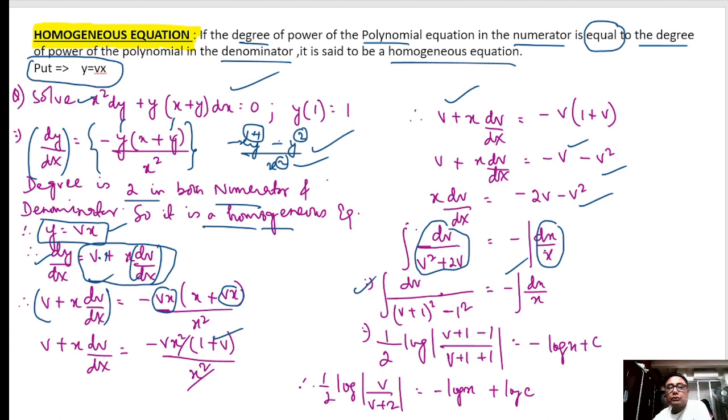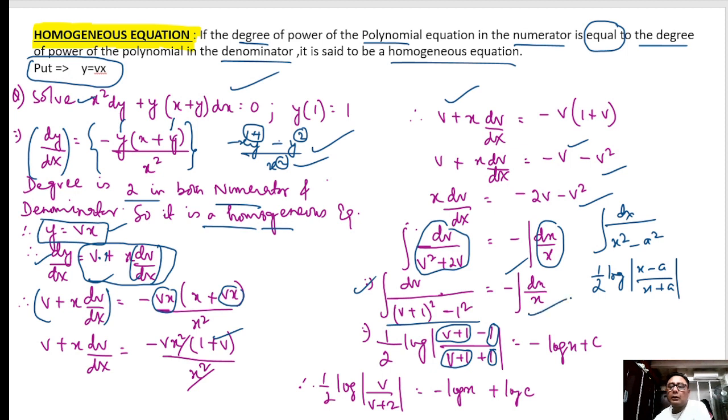Okay. So in this case, see, this is the formula of dx by x square minus a square, and the formula is what? Half log mod of x minus a by x plus a. So this is x minus a by x plus a.